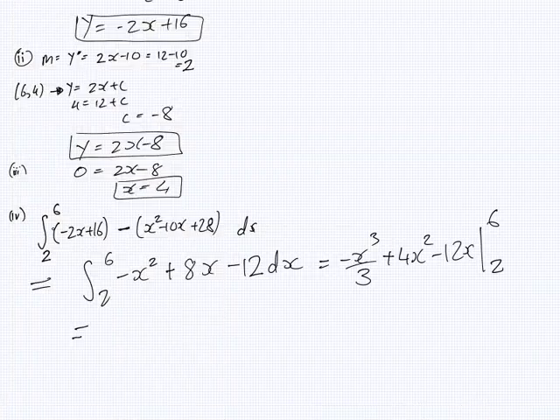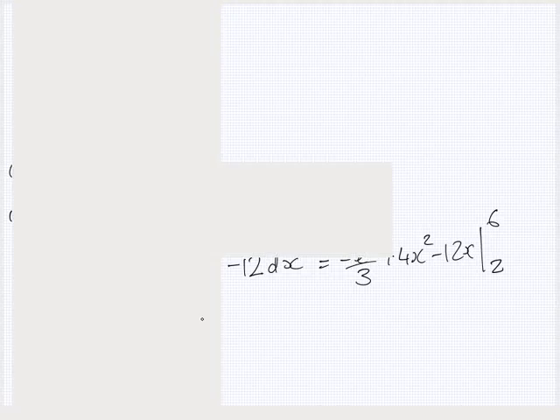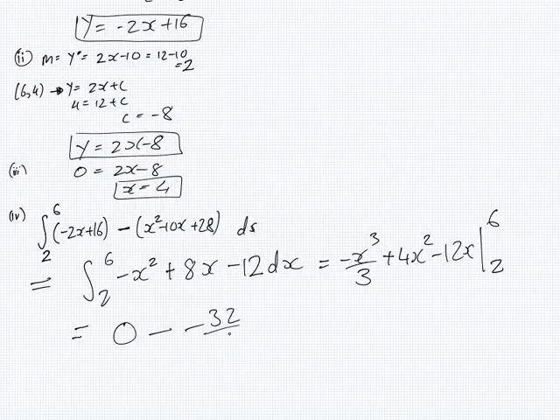Okay. 0 minus, and let's put in 2 now. This here is 2 squared, which is 4, and this here is 2. I want this to be negative. Yeah, good. Minus 32 over 3. So the answer is 32 over 3.